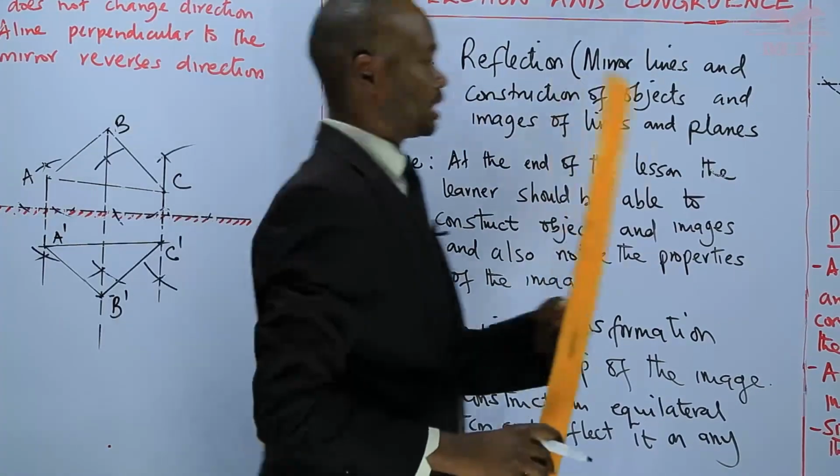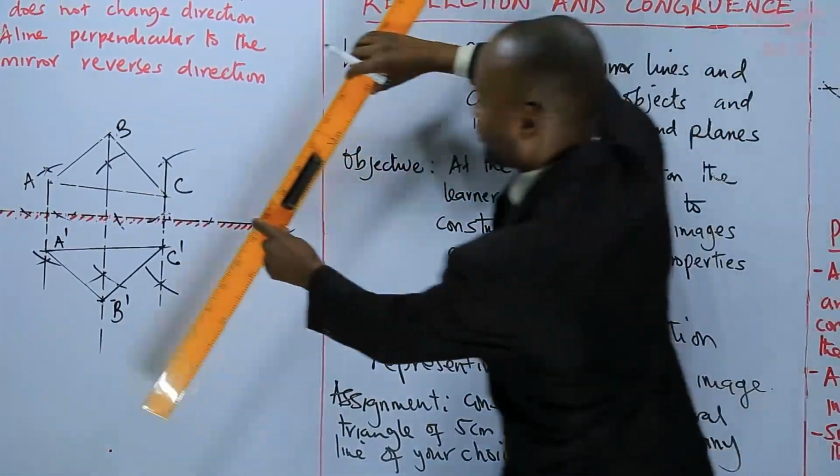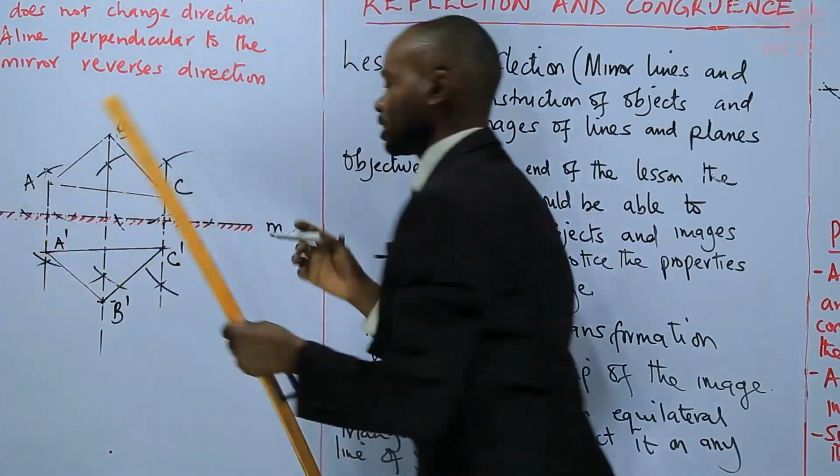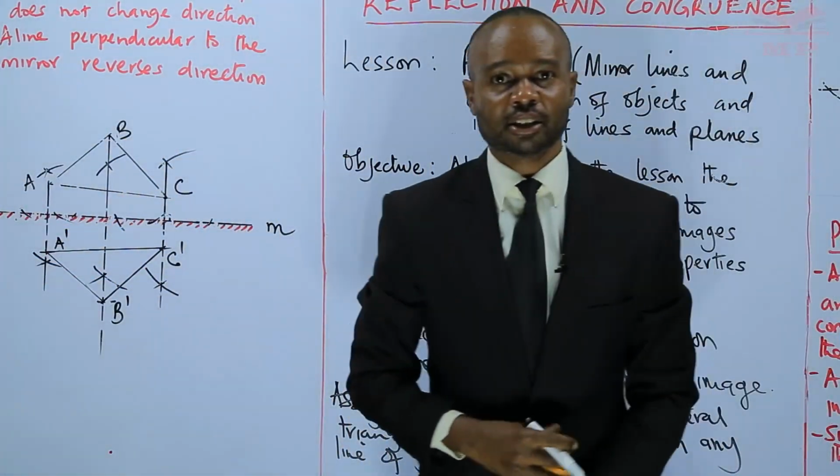You can choose to put the line anywhere. It can be here, anywhere, so long as the properties of reflection are followed.